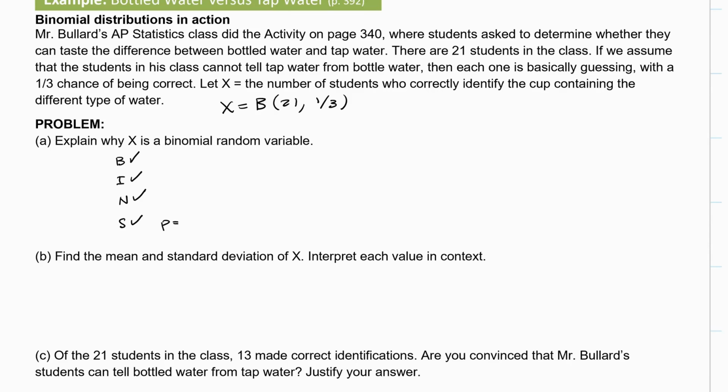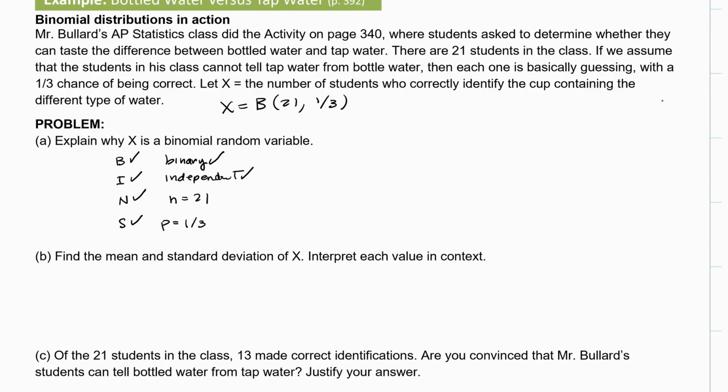But reminding ourselves, probability is 1/3 and n is 21. I guess I should say that we do have these being independent, and we do think every trial ends in success or failure, so it is binary.